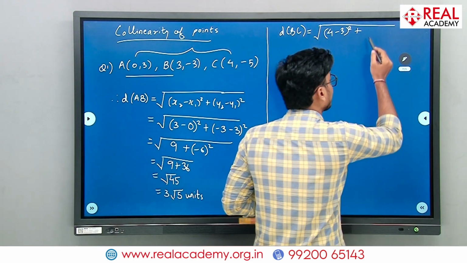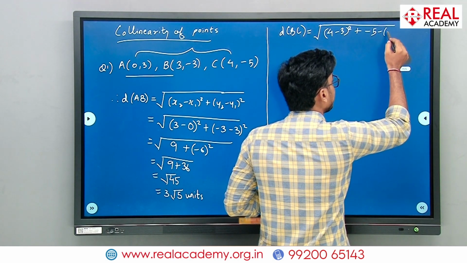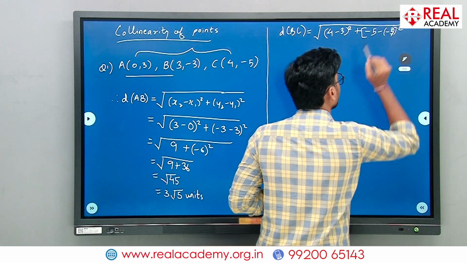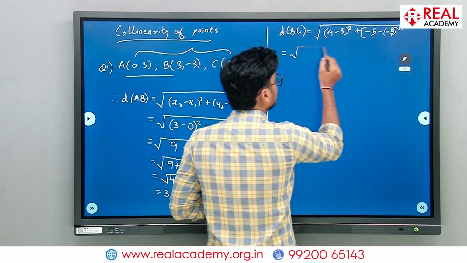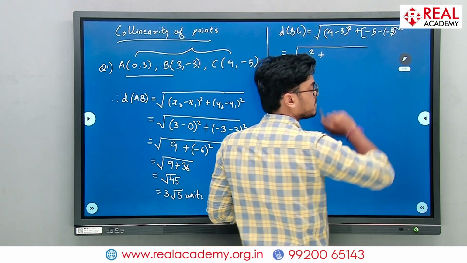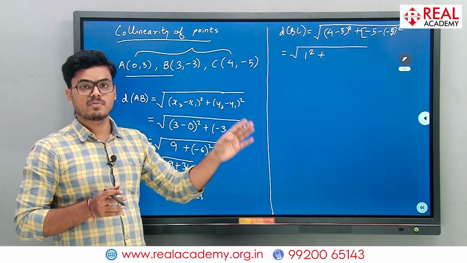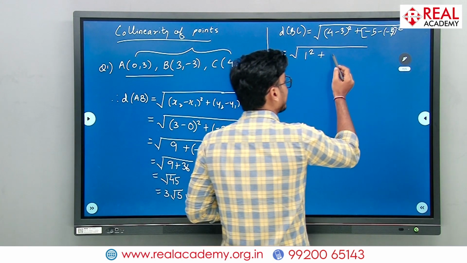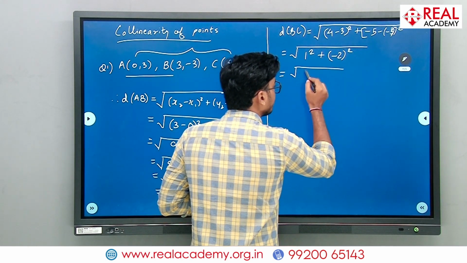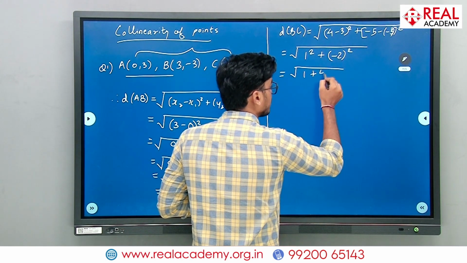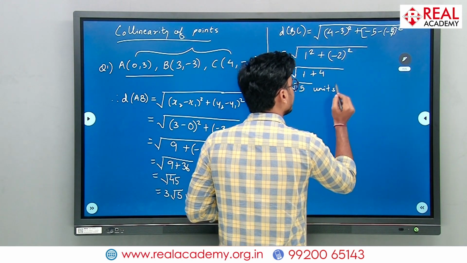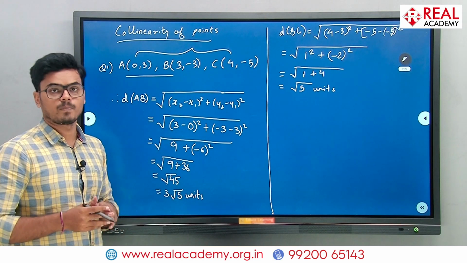Two minus signs will be there. I'll use a square bracket, the whole square. So this is equal to square root of 1 squared plus (minus 5, minus minus becomes plus 3) so minus 2 the whole square. Here 1 plus minus 2 squared, which is positive 4, gives root 5 units as the distance. This is distance between B and C.